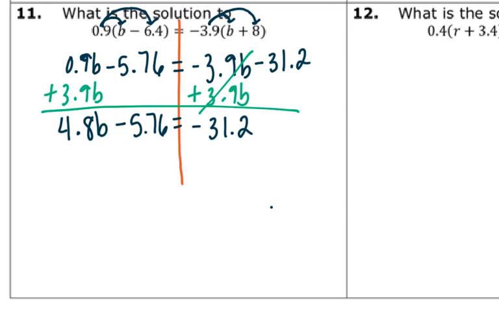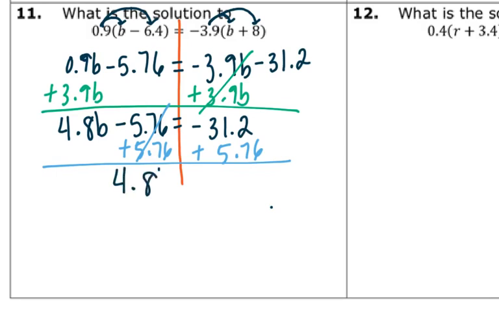Next step, we need to solve for x by moving our constant to the other side. That leaves me with a 4.8b equals negative, in the calculator, negative 31.2 plus 5.76 is a negative 25.44.